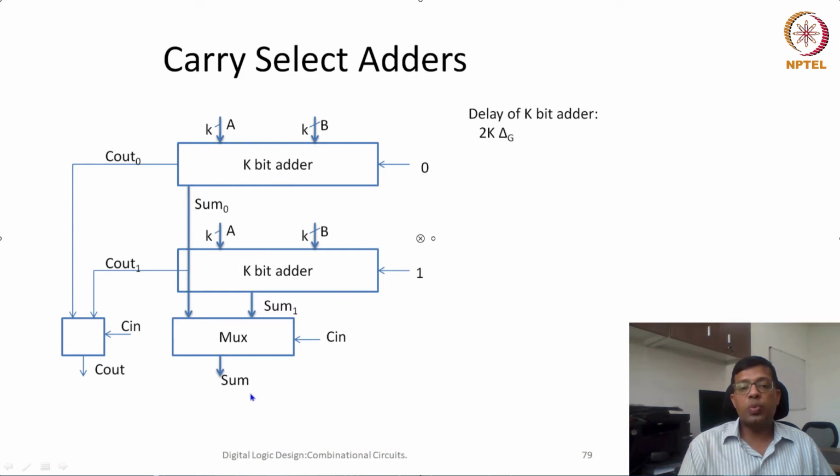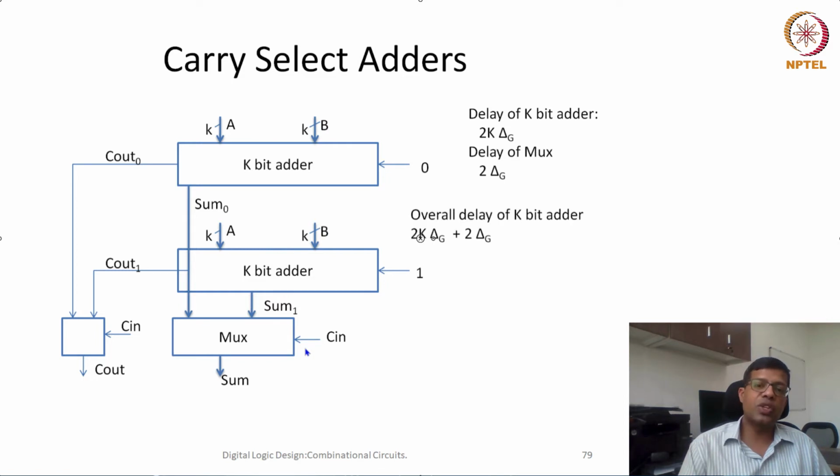Now to get the output, there would be a delay of the mux also. This mux will consume 2 delta g delay. So the final delay for the k-bit adder is going to be 2k delta g plus 2 delta g. Now we have to ensure that this C in is available. The C in is available at least by this 2k delta g time.